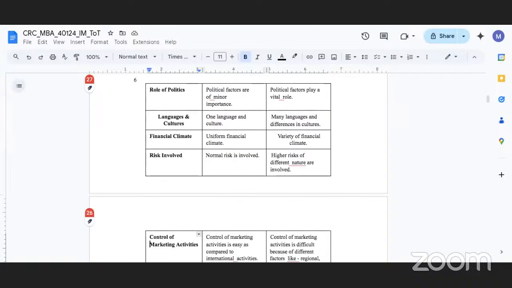The language and cultures may not be applicable in India in terms of one language and culture. We are a very diverse country with multiple languages and multiple ethnicity and culture that is predominant in different parts of the country. However, that is what applies internationally as well.